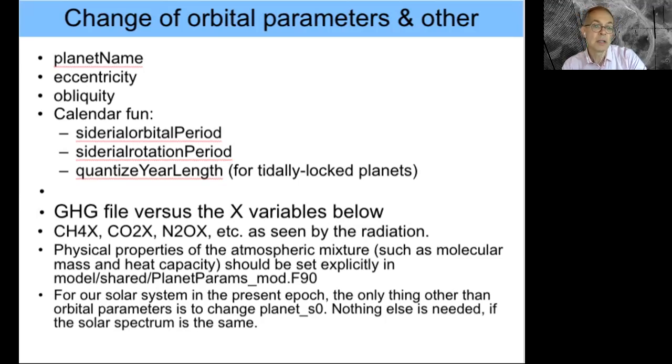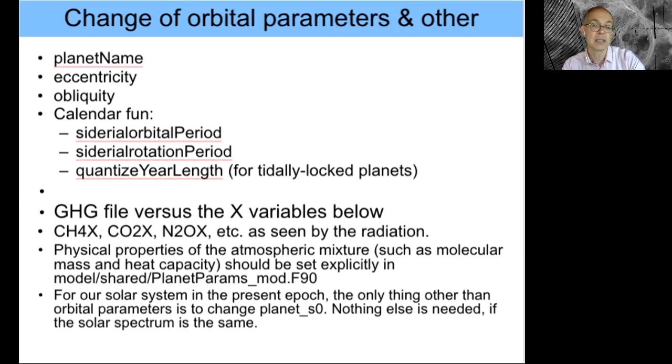Now, another very important thing you'll want to do in the model is you might want to change what you would call your greenhouse gases. So we have a file called the GHG file. So there'll be an entry in the run deck parameter section where you say GHG equals a given file name. You'll have to give the path to that file name. And that particular file, as you see here, will contain the values in parts per million in your atmosphere of what you want the greenhouse gases to be.